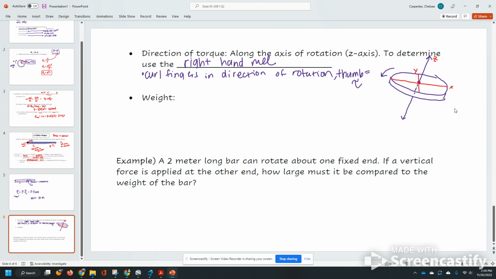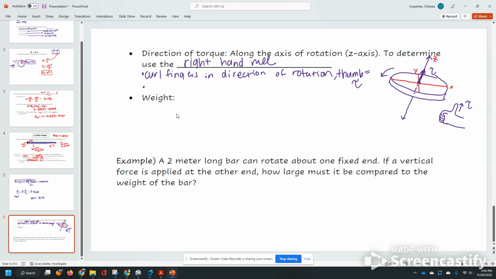So if I take my hand and curl my fingers in the direction of this rotation, then your thumb is going to point in the direction of the torque. So for this object here, the torque is pointing out of the disc in the positive z direction.